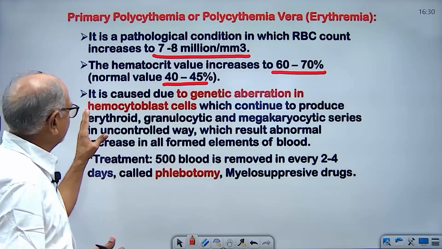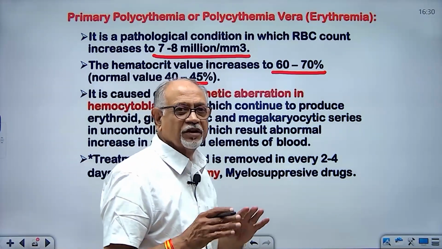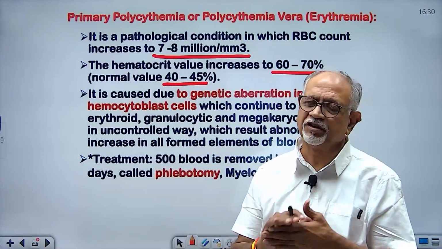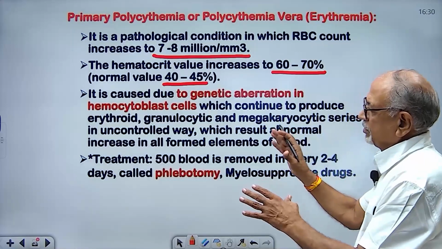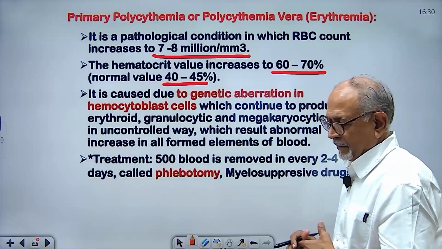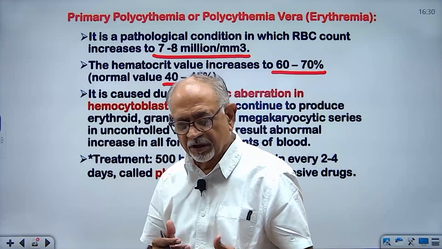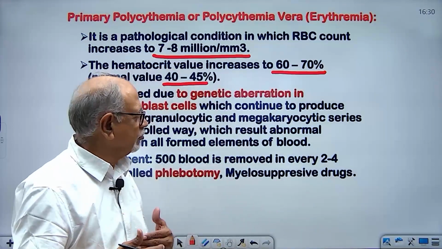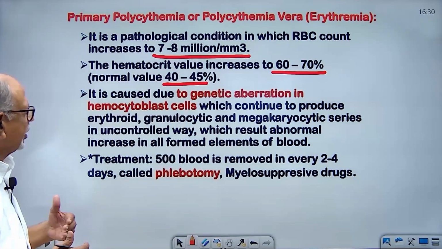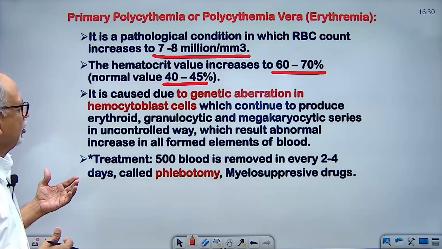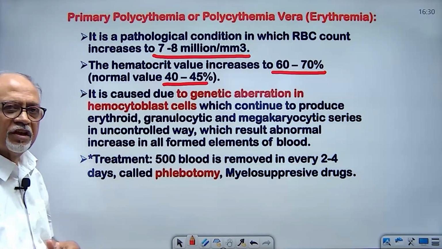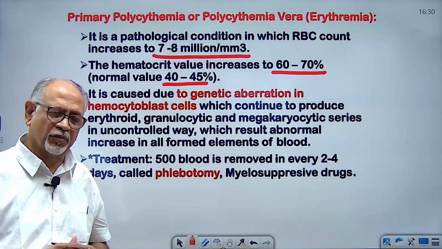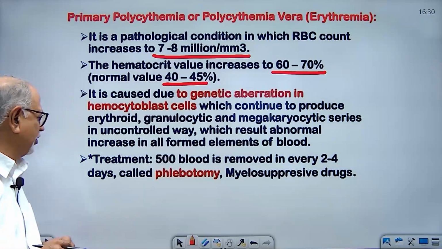So, when there is some genetic disorder, these hemocytoblasts produce an uncontrolled number of RBCs, WBCs, megakaryocytes, which result in increase in all the formed elements of blood, including RBCs.